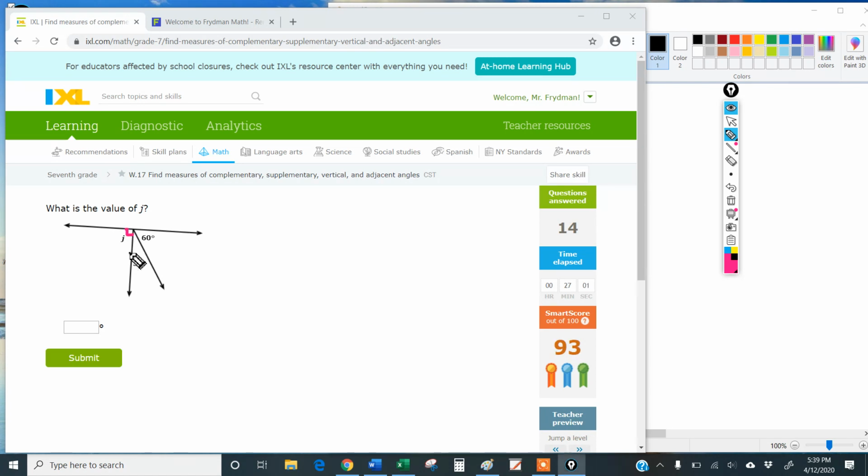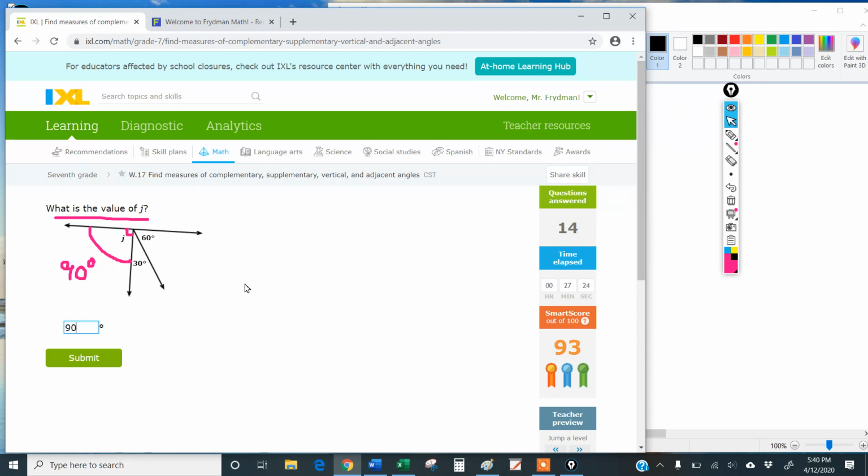What does that little symbol mean? That means that this angle right here is 90 degrees. But that angle is J. And the question was just asking me, what's the value of J? So the answer is 90 degrees. So that was a ridiculously easy question.